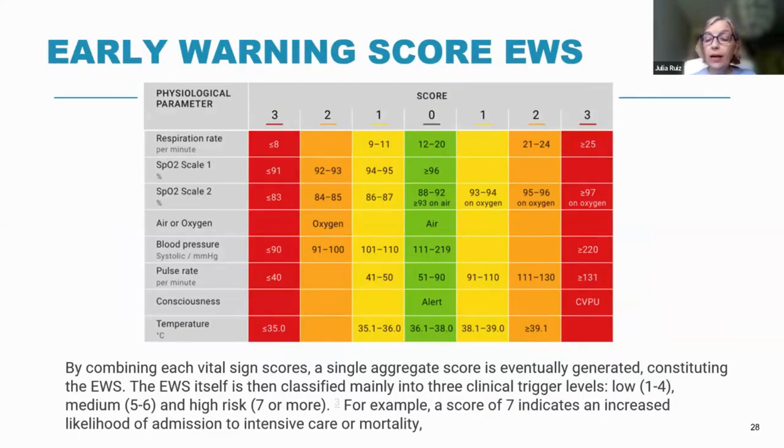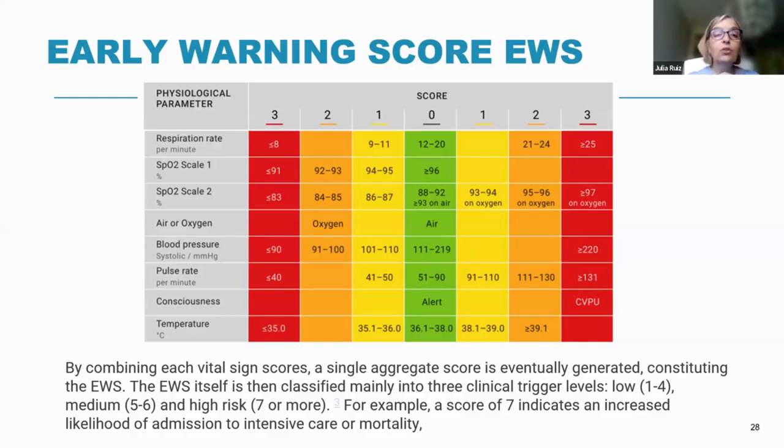And here, what tools do we have that can help us prevent or recognize it early? Well, nowadays we have these wonderful tools like the early warning score, called EWS. As you can see here, there are some physiological parameters and the scores at the top.